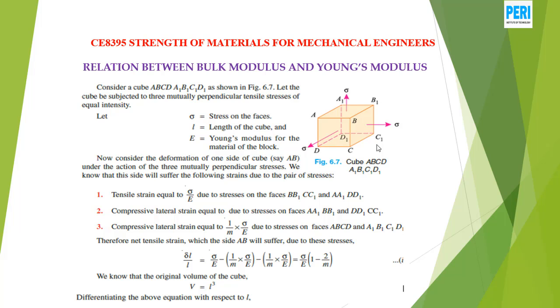The volume of the cube, because we are taking the side as length L, becomes L cube. Then differentiating with respect to L, dV by dL equals 3L square.